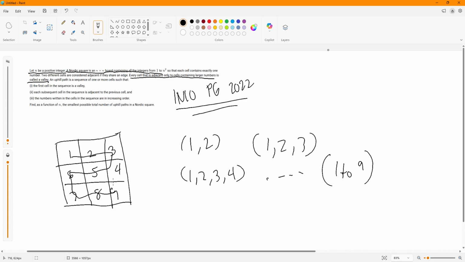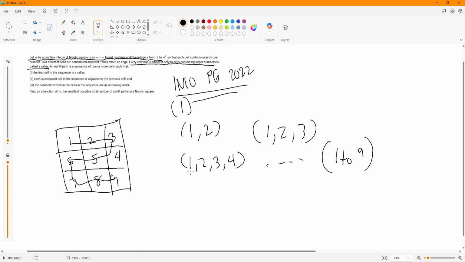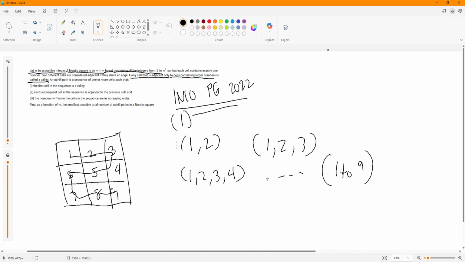I could demonstrate it as this. What you may have realized is that this is n squared minus 1 ways, or rather the number of uphill paths.